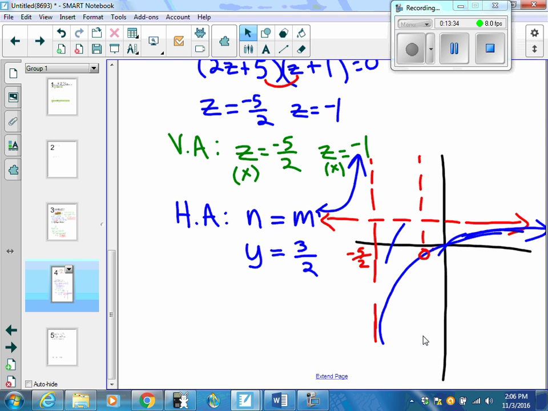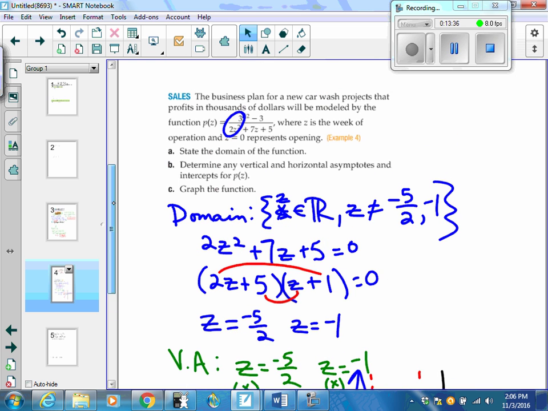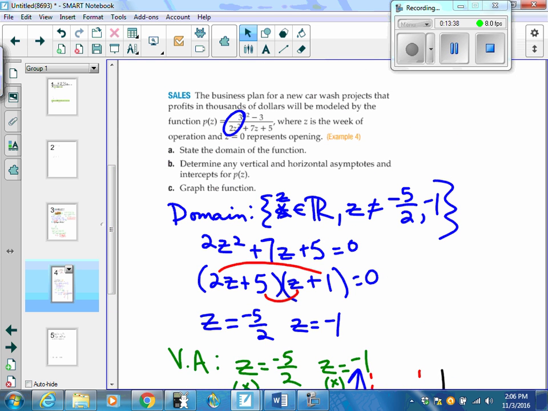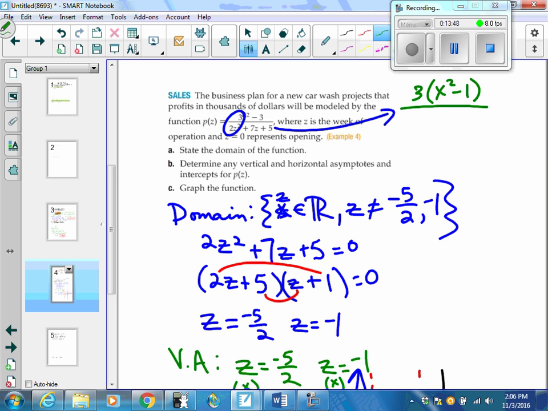I said that it wasn't factorable, and that's not true. Or it is factorable, but what happens is if I'm looking at this guy, I can factor out a 3 and get x squared minus 1 over 2x plus 5 and x plus 1.